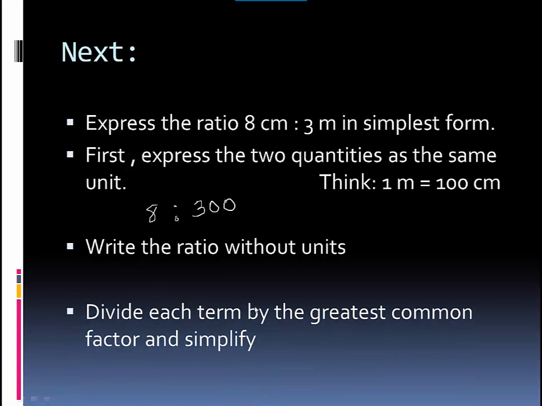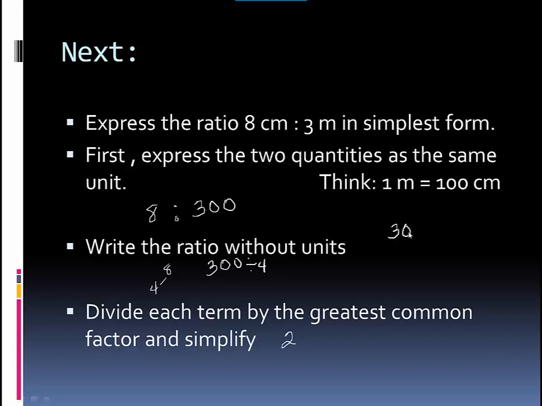Now I have to divide each term by the greatest common factor. Well, I'm going to find the greatest common factor. The greatest common factor is 4. So, 8 divided by 4 is 2. 300 divided by 4.